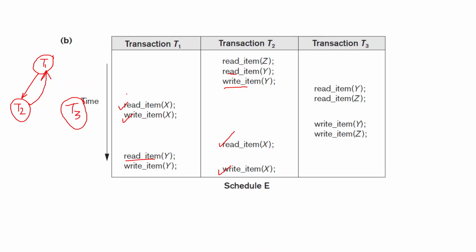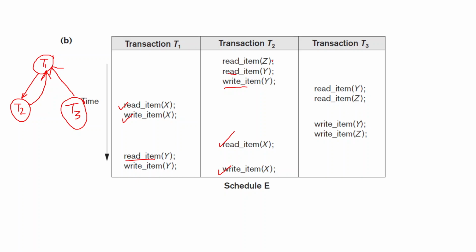Similarly, we can look at T1 and T3. T1 and T3, there are no X items being read here, but Y is being read. So you have read item Y and write item Y is here. So which means from T3 to T1, there is an edge, right? T3 to T1.